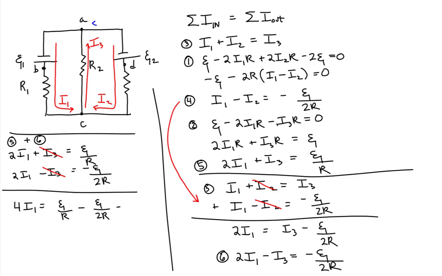On the right-hand side, this is just equal to the EMF over twice the resistance. So what we now have for current 1, we get that current 1 is equal to the EMF of battery 1 over 8 times the resistance of resistor 2.